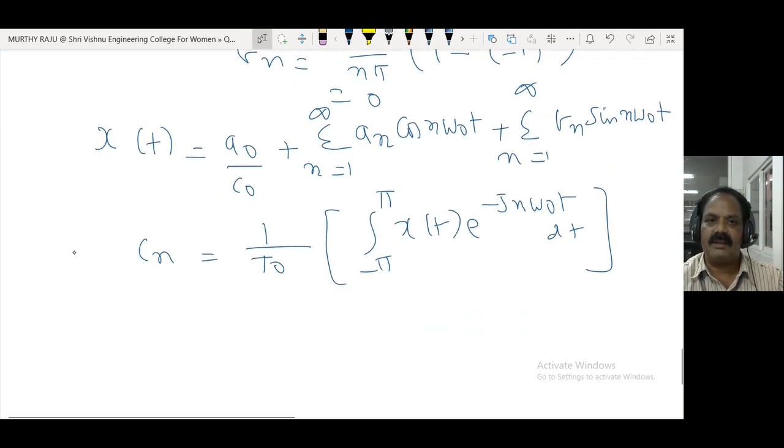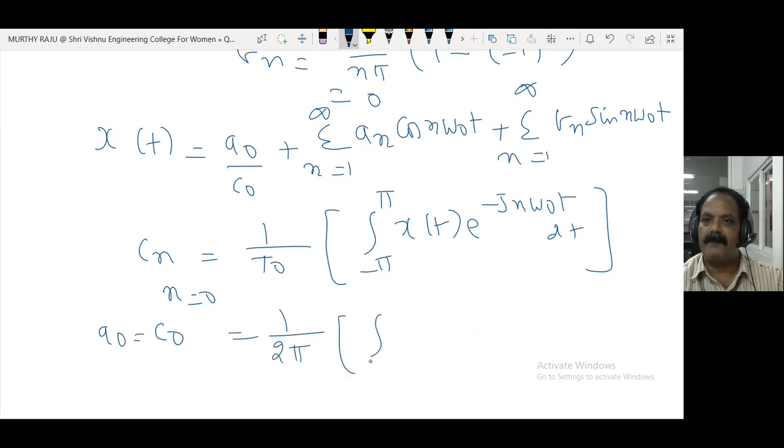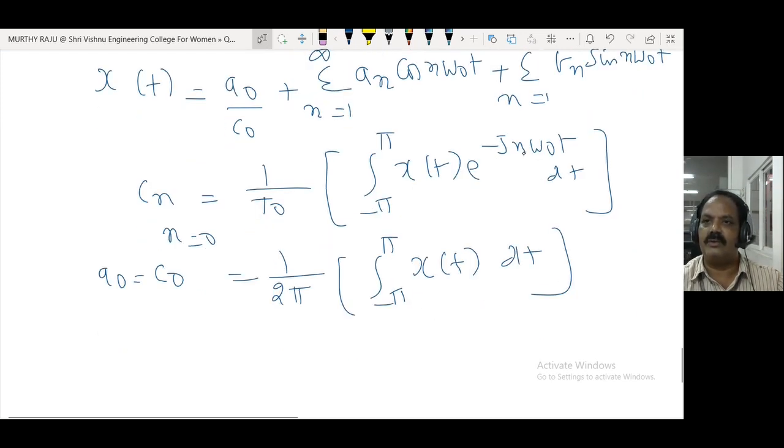When n is equal to 0, that is c naught, which is a naught, with T naught equal to 2 pi and e power 0 is 1.